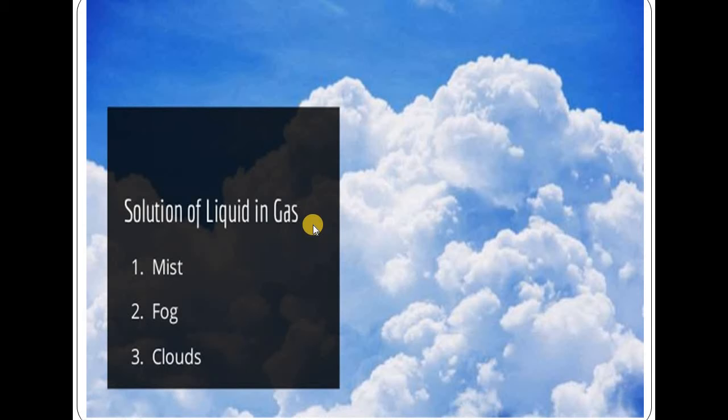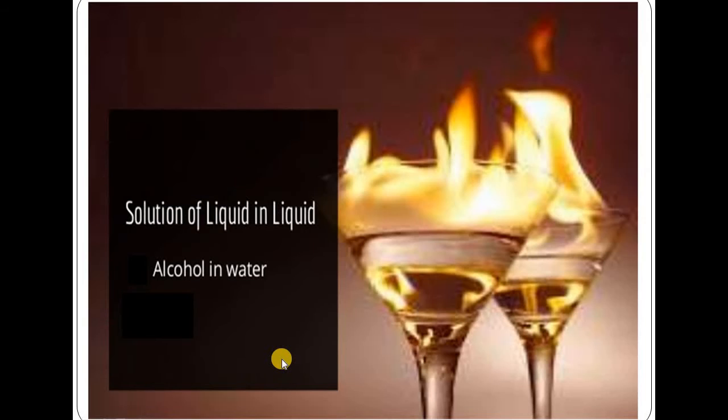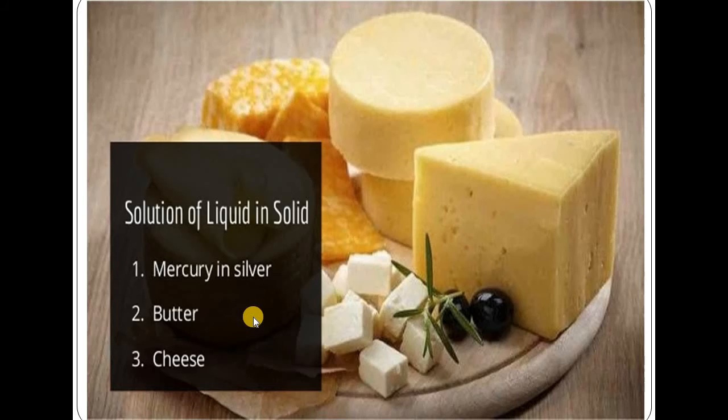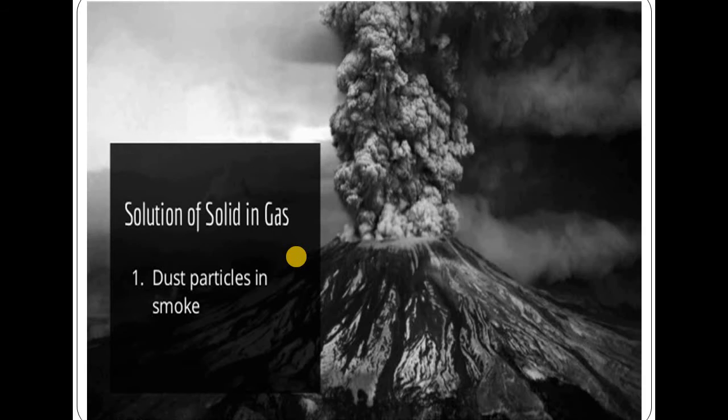Solution of liquid in gas: we can take the examples of mist, fog, clouds. Solution of liquid in liquid: alcohol in water. Solution of liquid in solid: mercury in silver, which is generally known as silver amalgam, and butter, cheese. Solution of solid in gas: a very common example is the dust particles or smoke present in air.